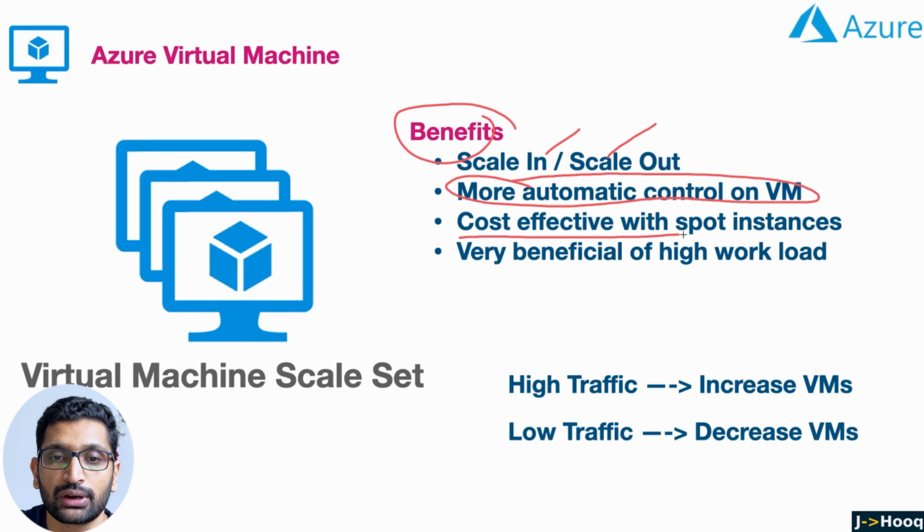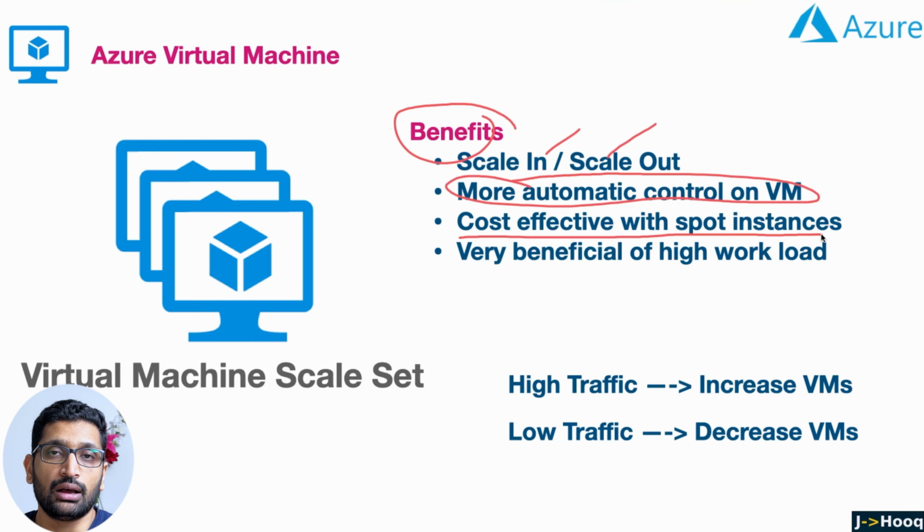Third, it is cost effective. Why is it cost effective? Because suppose you have high traffic coming to your application, and that traffic lasts for only a couple of hours. Then for the remaining hours, you don't need that many CPUs running to serve your application. So in that case, it will be a cost saving for you when you reduce down your virtual machines in your Azure cloud.